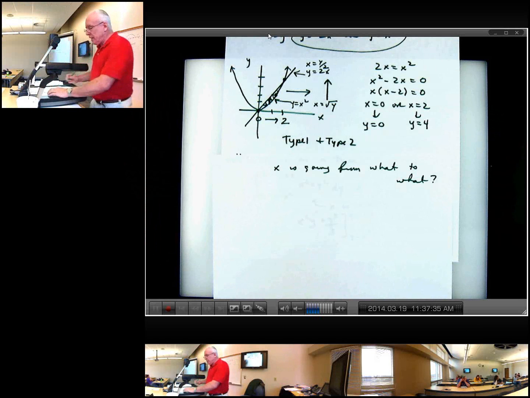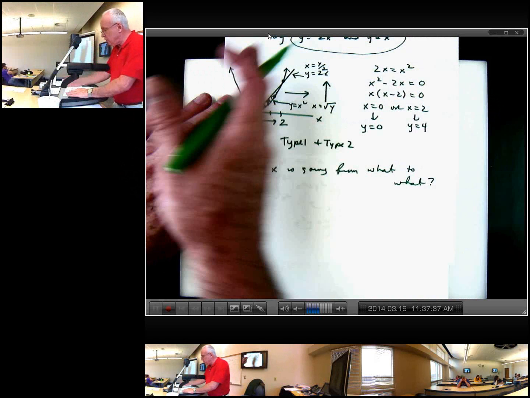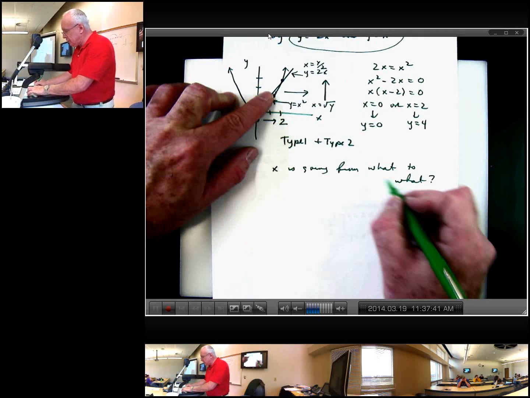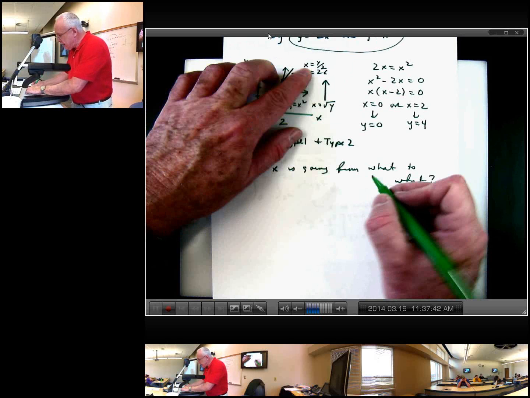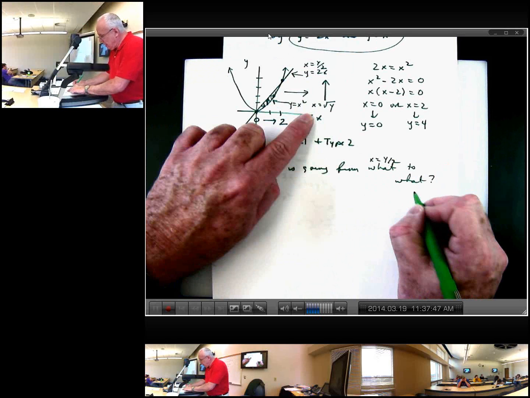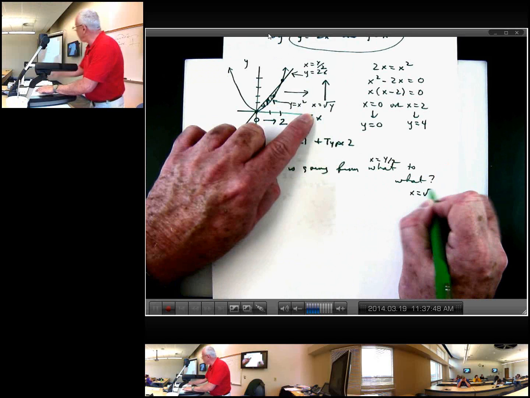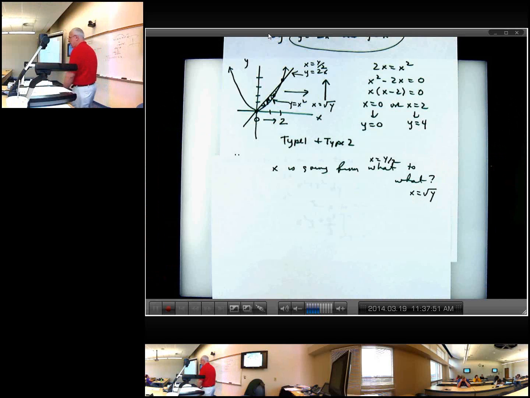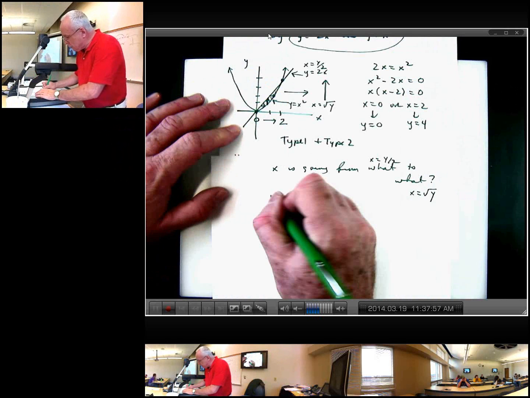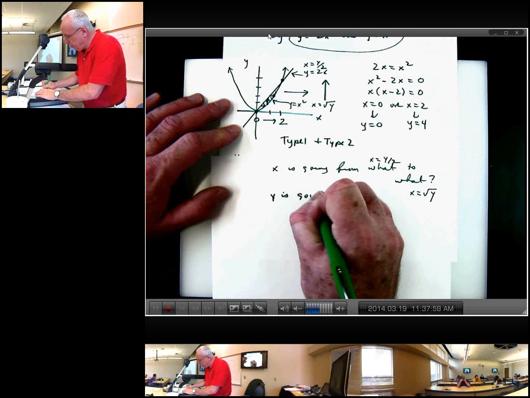So in this case, we look at our lower value and our upper value. Our lower value, when we go horizontally, is x equals y over 2, and the upper is x equals the square root of y. Now, y is going from what to what?